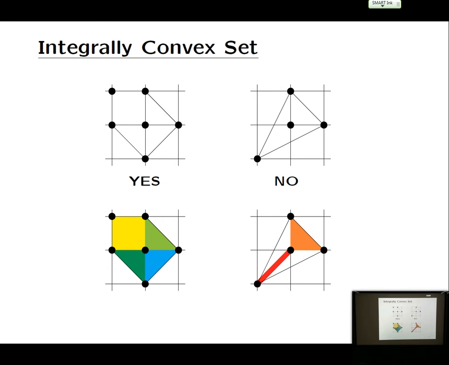Now, for the set version, it's easier. If you have such a 4-element set, then take the convex hull. Then this is somehow convex. But the definition of an integrally convex function says to take the convex hull in each square.